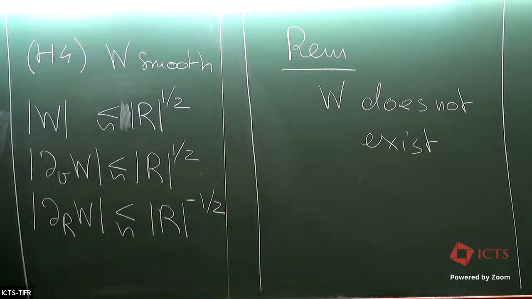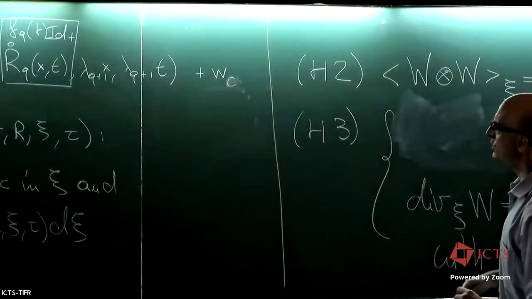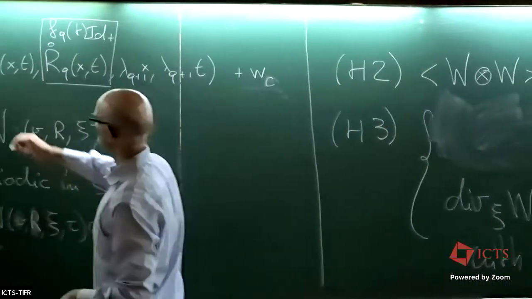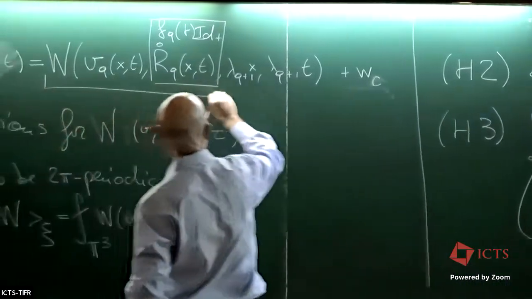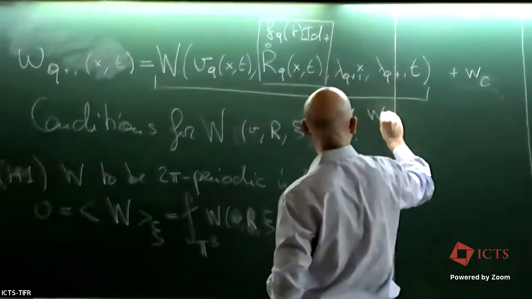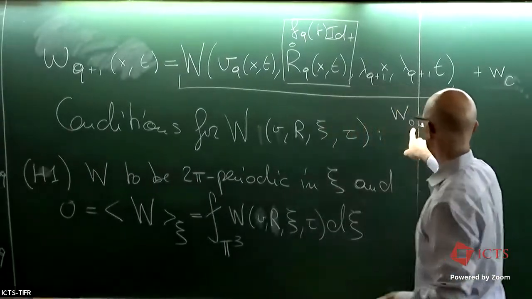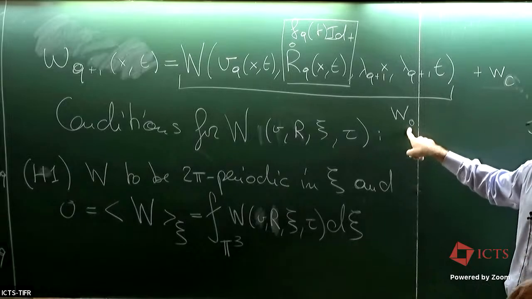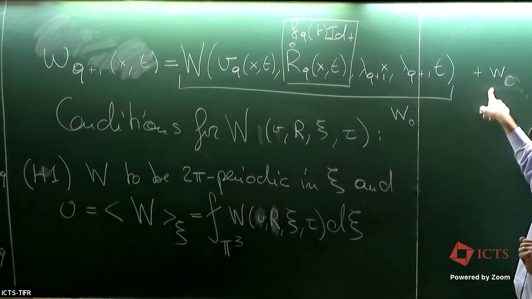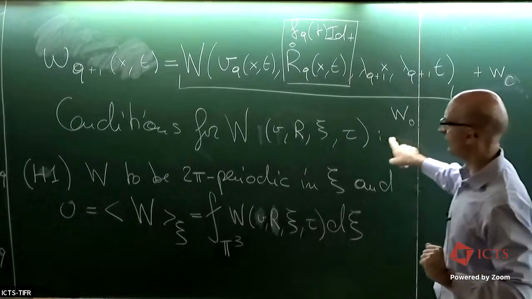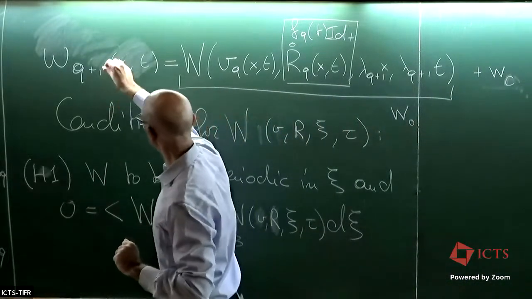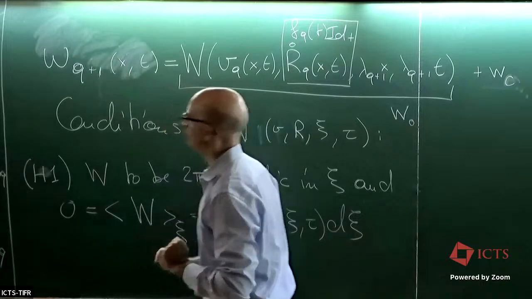Maybe I call it WC, the correction. Actually, in the survey we call this WO, for oscillation. So this is the oscillatory ansatz, and this is the correction. Together they give you W_{q+1}.